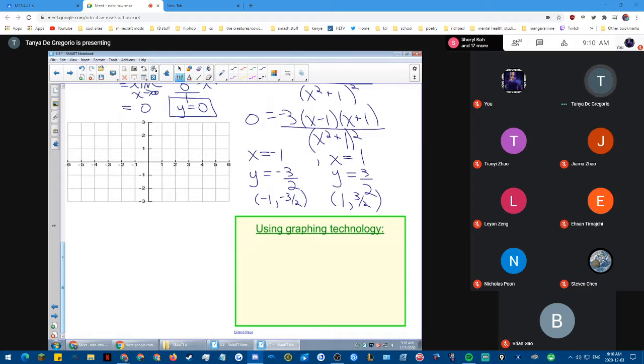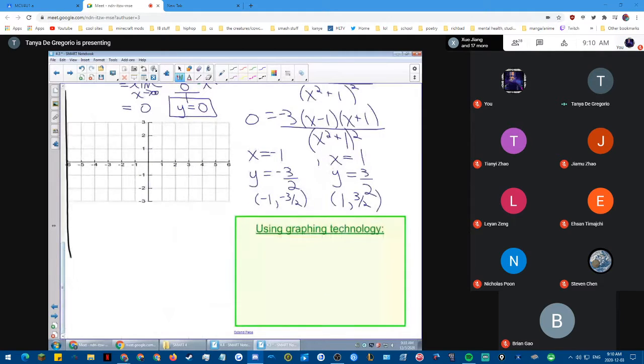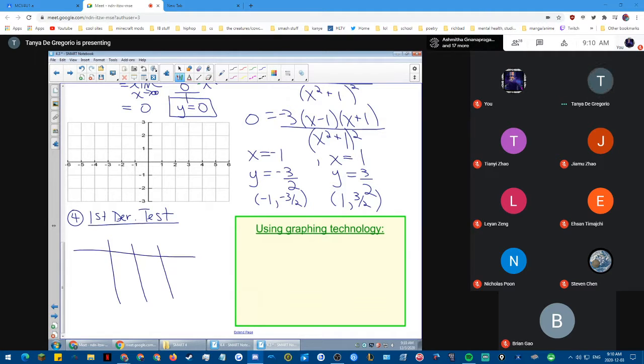So now I do my interval test. This is what we call the first derivative test. Remember, always in order, from smallest to biggest at the top.